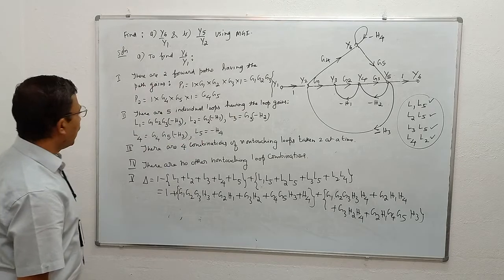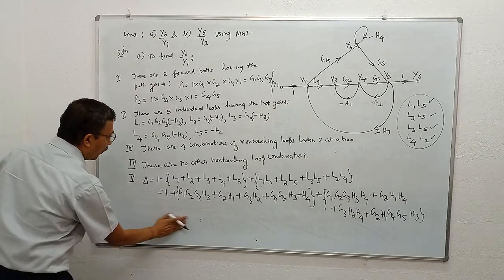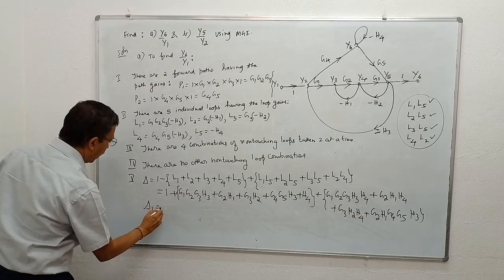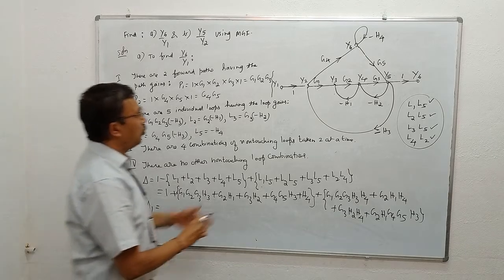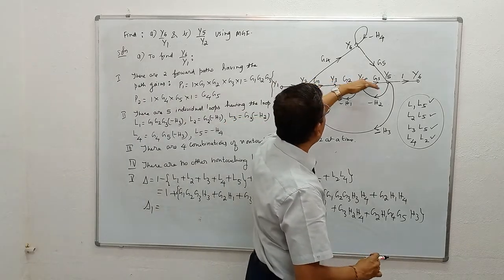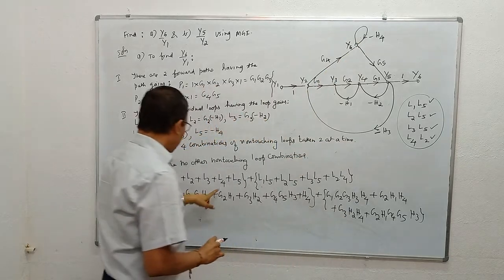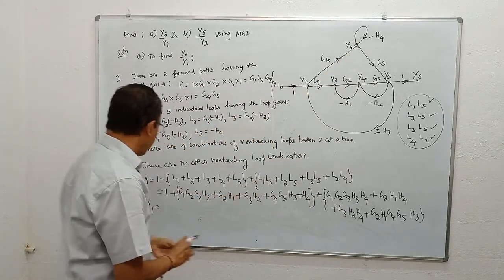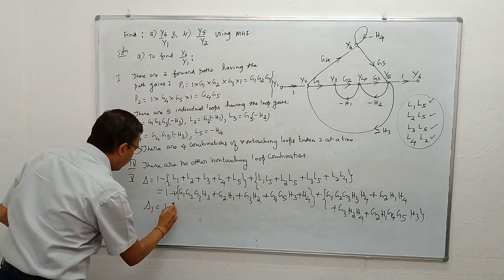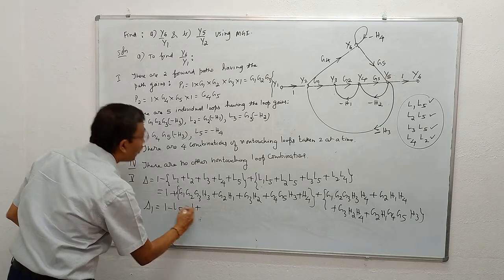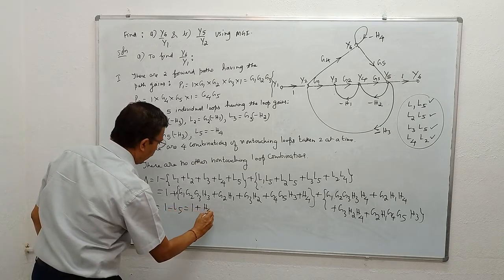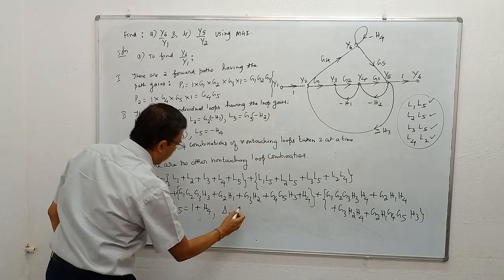There are two forward paths, therefore you have to calculate two cofactors, delta 1 and delta 2. To the first forward path, only loop number 5 is not touching. Therefore, except L5, rest of the terms will be 0. So 1 minus L5, so it is 1 plus H4. Delta 2, next cofactor.